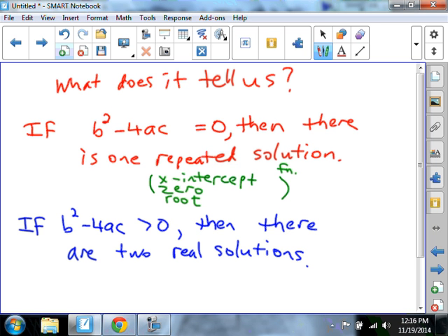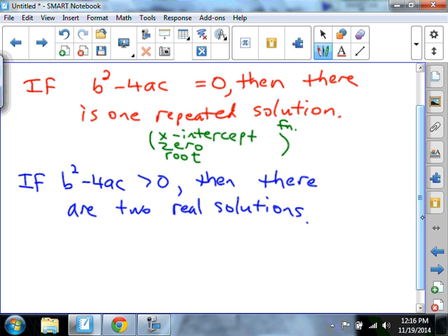And again, keep in mind that's referring to equations. If we're dealing with functions, we would be talking about x-intercepts, or zeros, or roots.